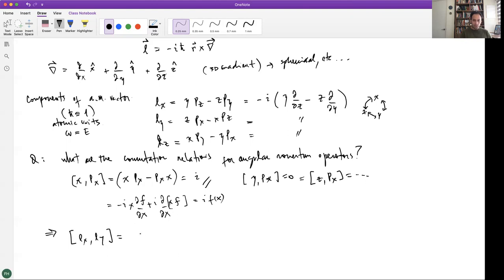Okay. So we can write explicitly, this is L_x, y p_z minus z p_y, and this is a commutator with L_y, z p_x minus x p_z. And we can then use the commutator algebra to reduce this to something like this. So we separate this bracket, this is an x, okay?